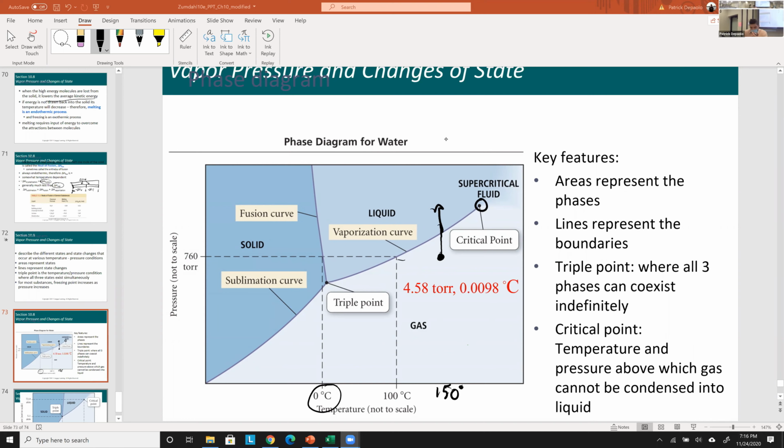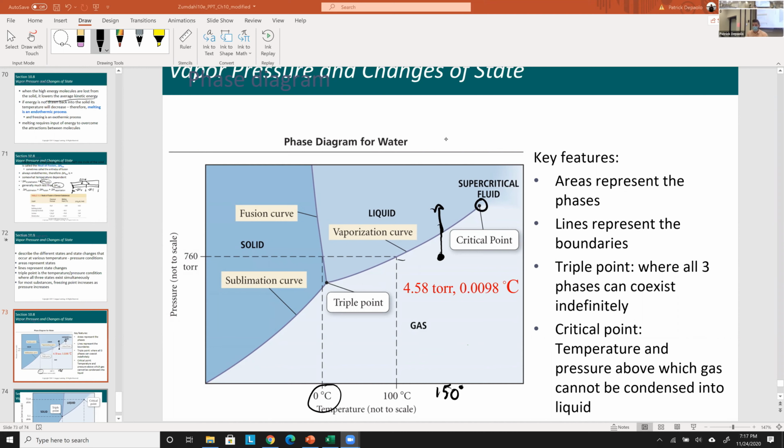Next, another thing that pressure is doing, let's talk about the other end of the spectrum.